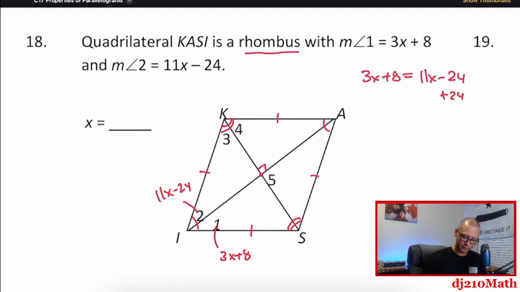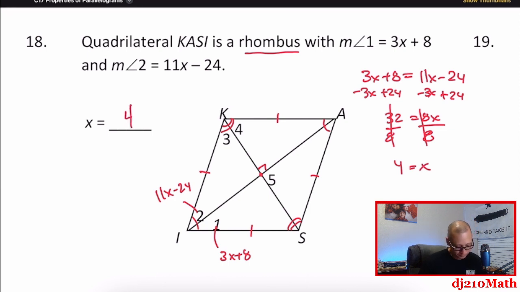So adding 24, 8 plus 24 is 32, minus 3x. 11 minus 3 is 8. Divide both sides by 8. X is equal to 4. Okay. That's not bad.